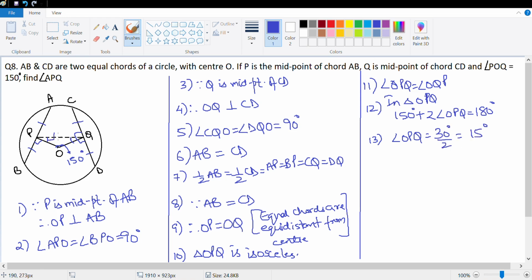So this small angle here is 15 degree, this small angle here is also 15 degree.